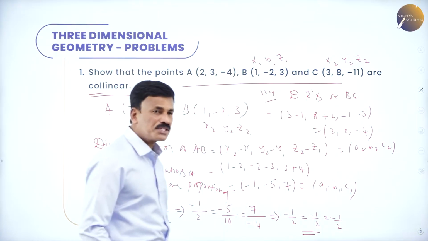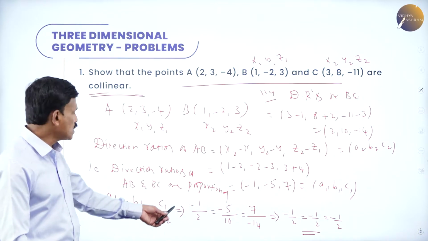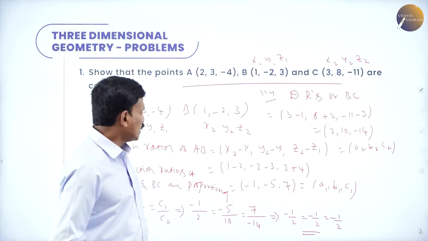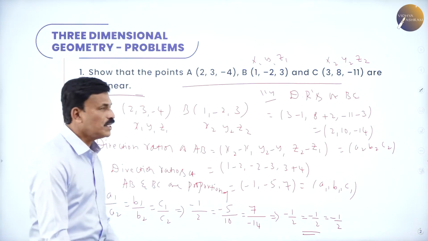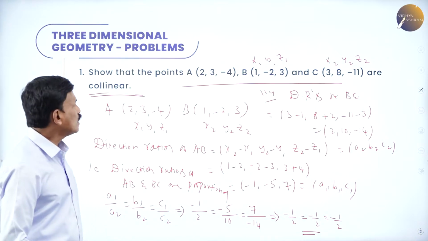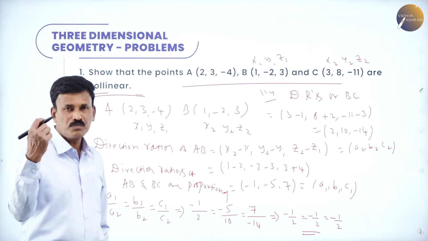Then find the proportionality: A1 by A2 is equal to B1 by B2 is equal to C1 by C2, that is minus 1 by 2 is equal to minus 1 by 2 is equal to minus 1 by 2. The direction ratios of lines AB and BC are proportional and equal, hence A, B, C are collinear. That's it. Hope you followed this.